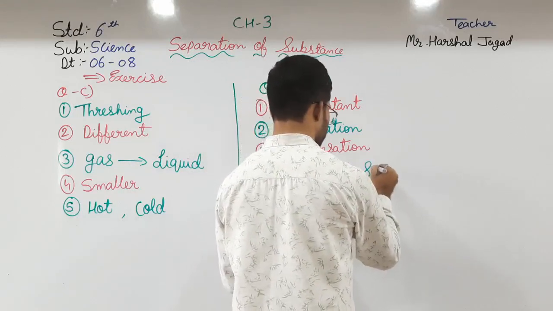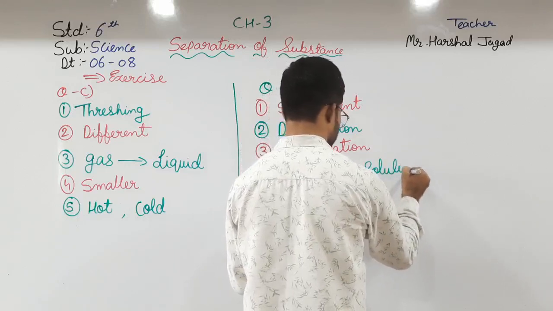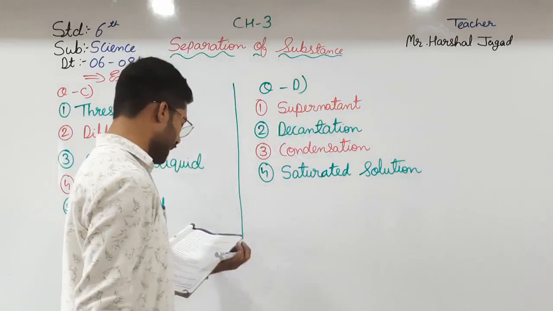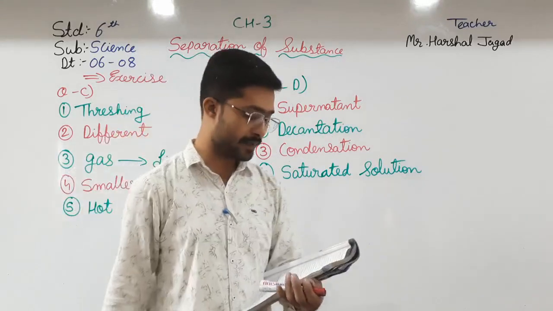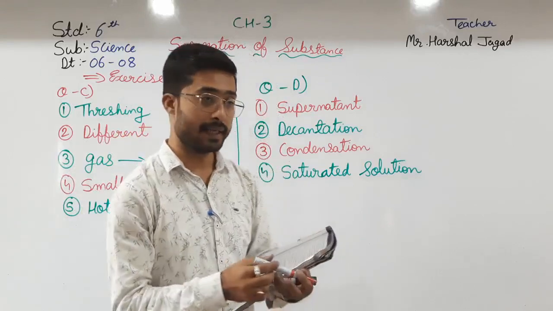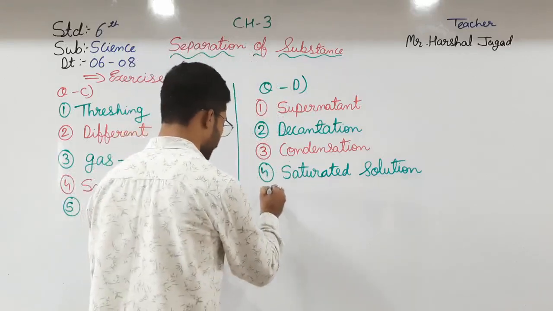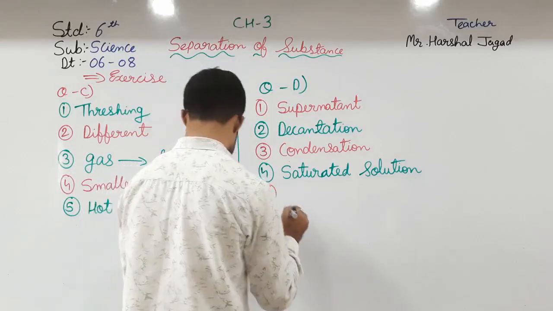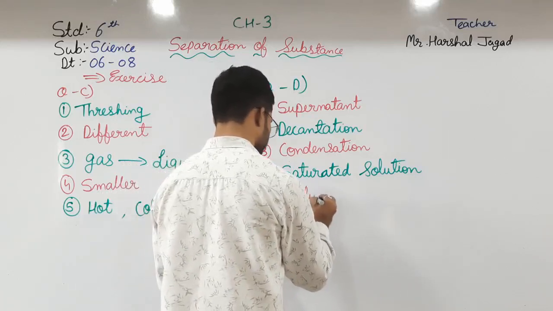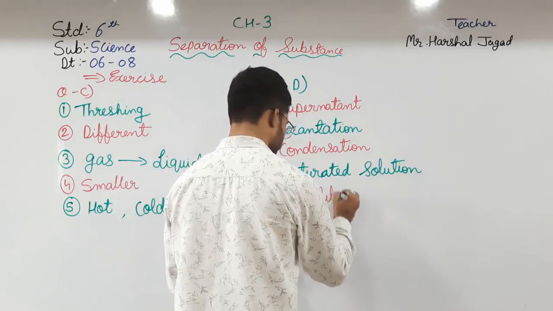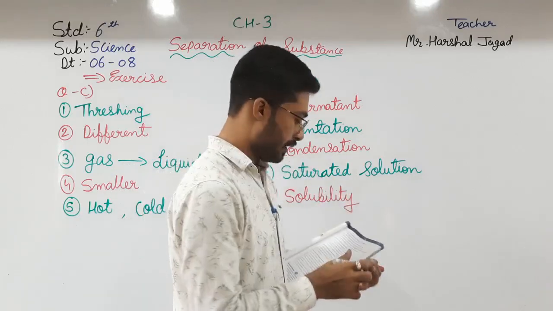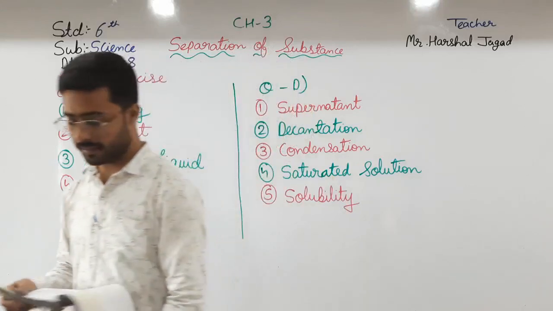Then the fifth one: the ability of a substance to dissolve in a given liquid is solubility. Okay, so please write down the answers.